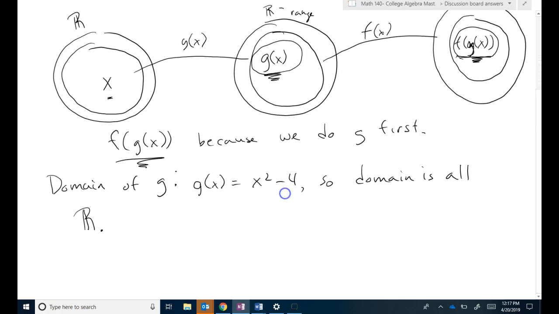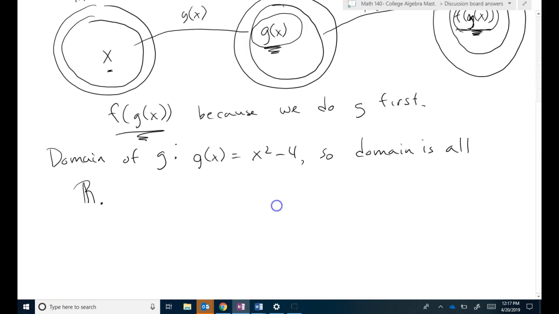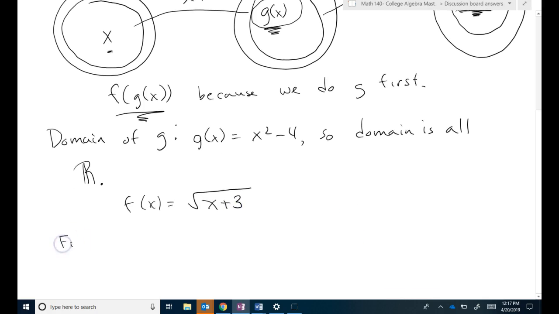So if you look, f of x equals the square root of x plus 3. So first I'm going to compose those functions and find f of g of x. Everywhere I see an x in f, I'm going to instead input g of x.